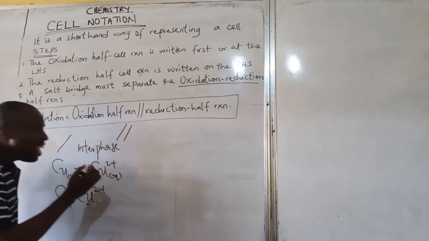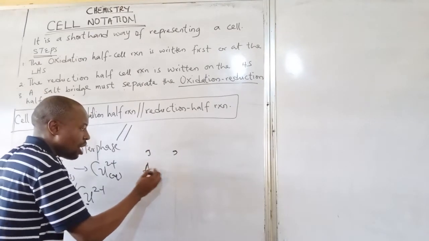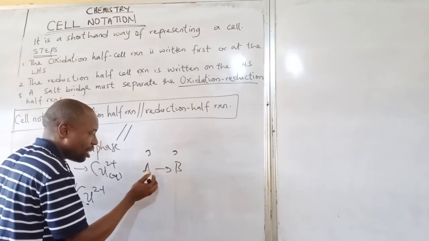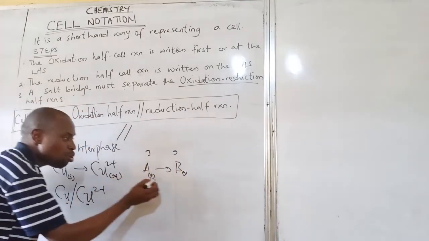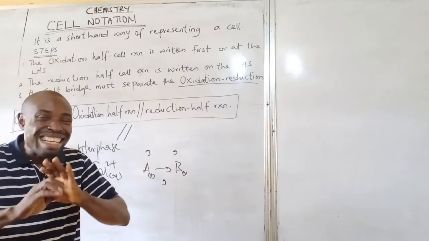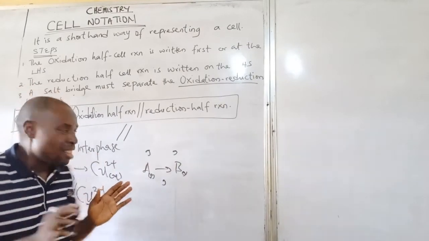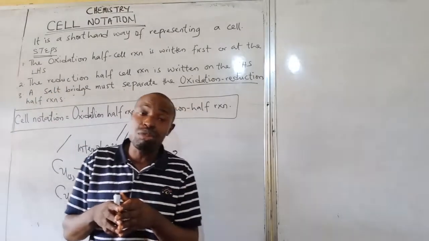But if they are of the same state, let's say gaseous, let's say A and B are gaseous, then simple, we use a comma to represent it. That is how easy it is. This is a salt bridge. Now the question is, what is the function of a salt bridge? Simple.